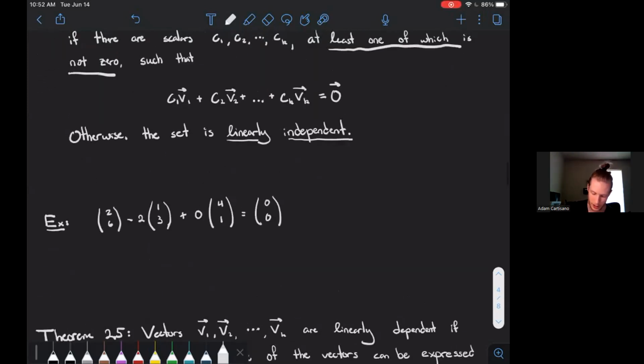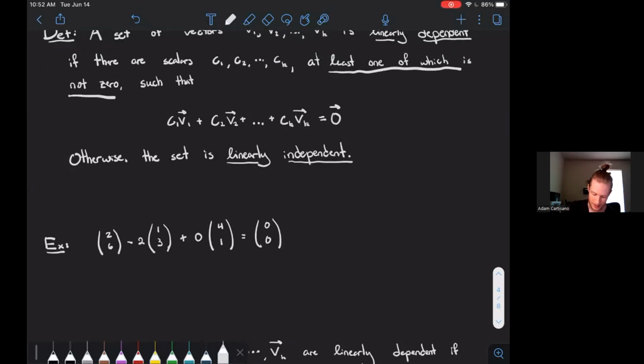Here's an example, just so that you can see this worked out. I can take these three vectors, together they are linearly dependent, because if I take 1 times the first one, -2 times the second one, and 0 times the third one, I get the zero vector. Now, remember I said that at least one of these scalars has to be non-zero.